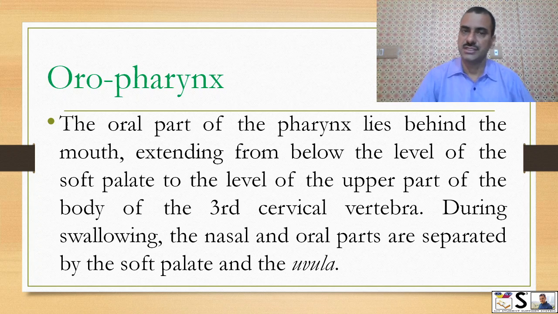Oropharynx. The oral part of the pharynx lies behind the mouth, extending from below the level of the soft palate to the level of the upper part of the body of the third cervical vertebra. During swallowing, the nasal and oral parts are separated by the soft palate and uvula.